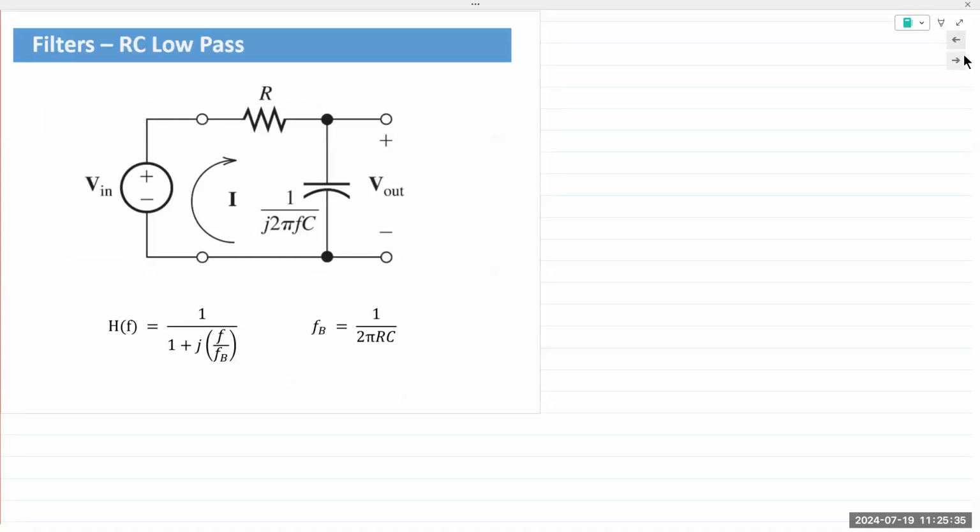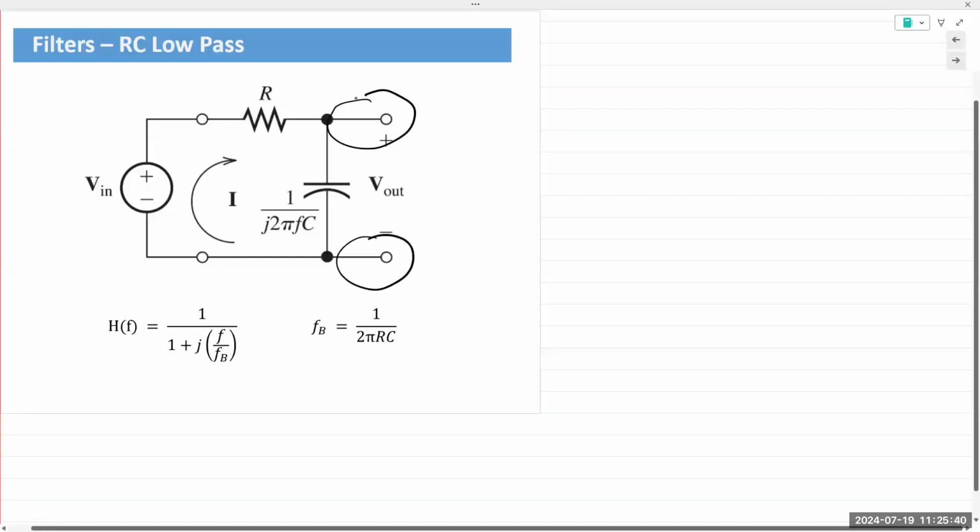This is a series circuit. The terminals are simply known as the measurement terminals or the output port, a series circuit, right? There is no component connected at this junction up top. So this is an RC circuit, and I'm going to redraw this so that the series connection is evident.